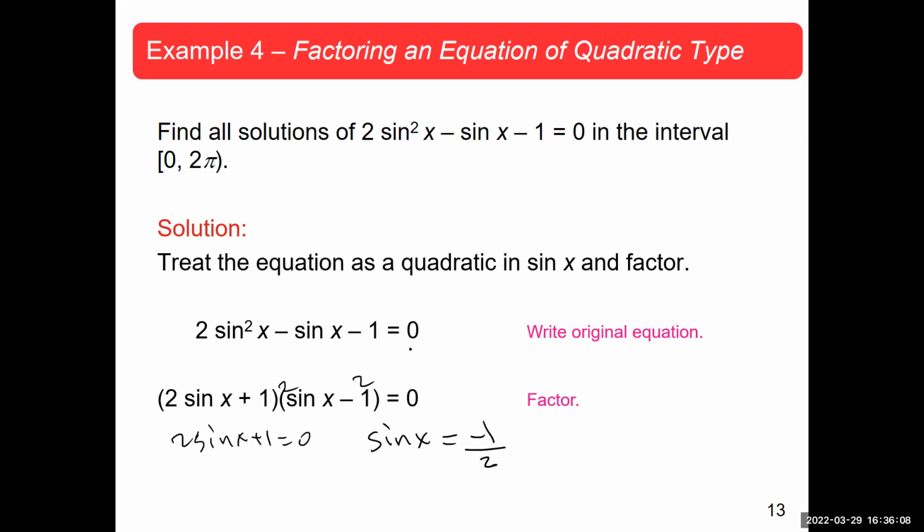Now we're back to square one. We know how to do this one right now. We need to figure out what angle has a sine equal to -1/2. We learned before that sine of pi over 6 is positive half.